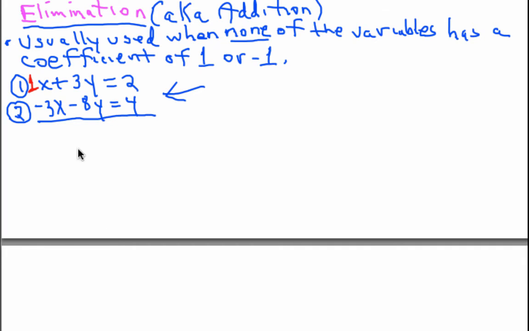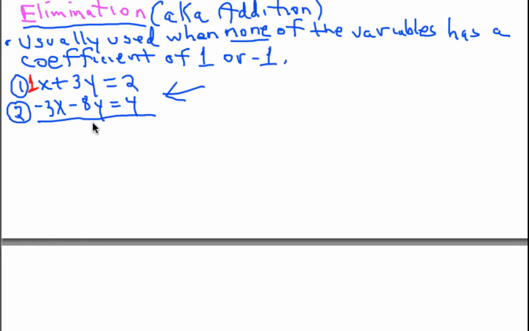Now, we're allowed to add the two equations together because even though we'll be adding the left side of equation number 2 to the left side of equation number 1, and the right side of equation number 2 to the right side of equation number 1, since they're equal to each other, we're going to be adding the same value to both sides of equation number 1.